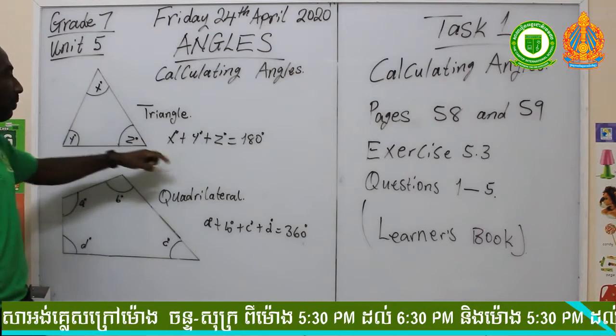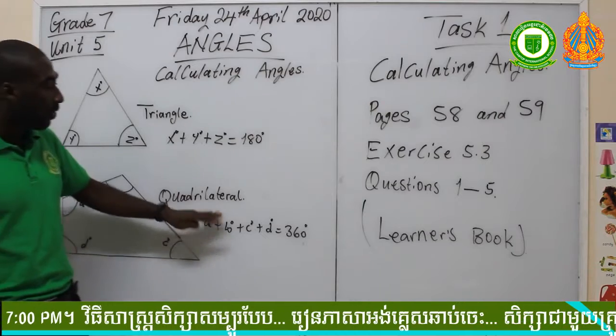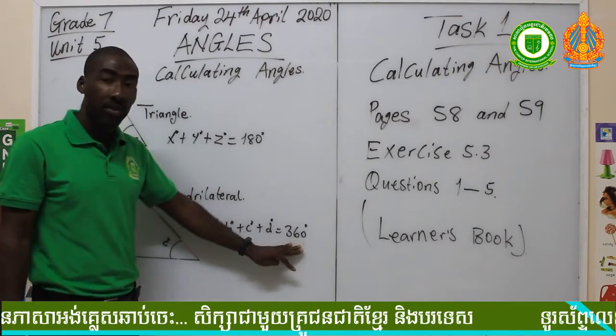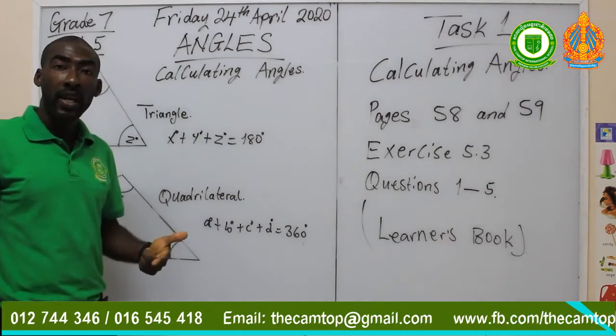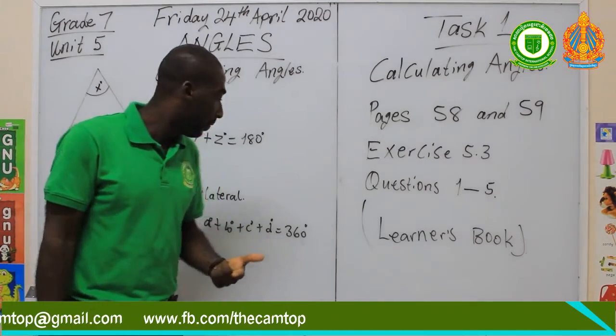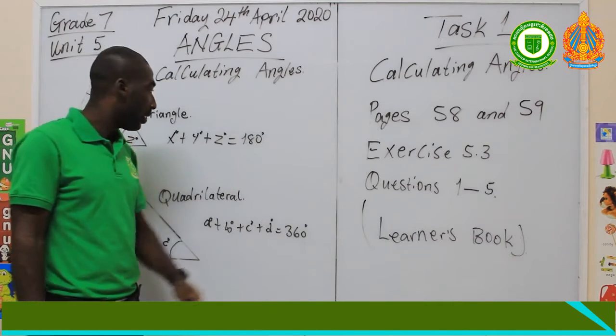So with a triangle, you have a total of 180 degrees. With a quadrilateral, you have 360. Your quadrilateral can be a square or a rectangle, and they all add up to 360 degrees.